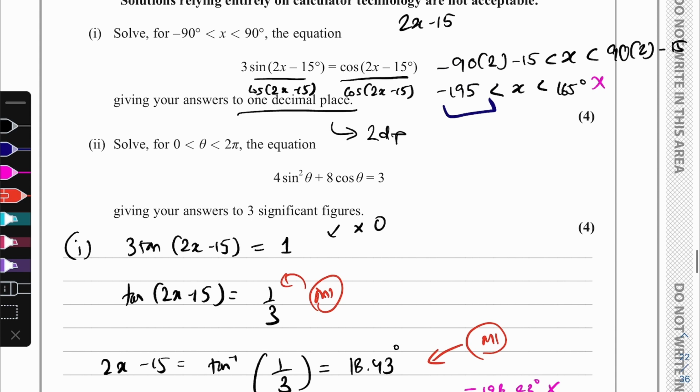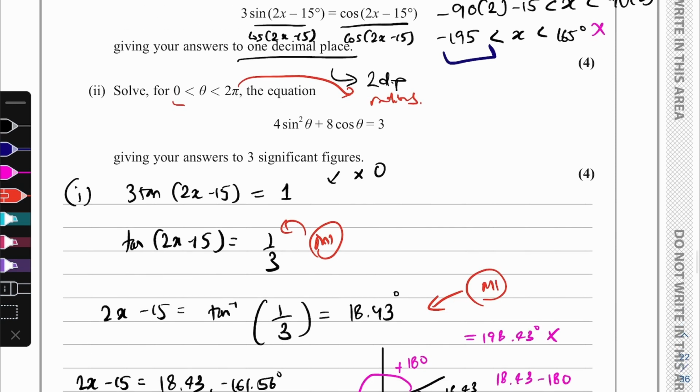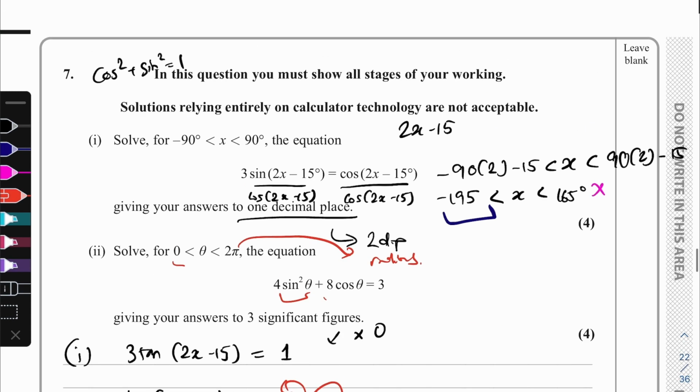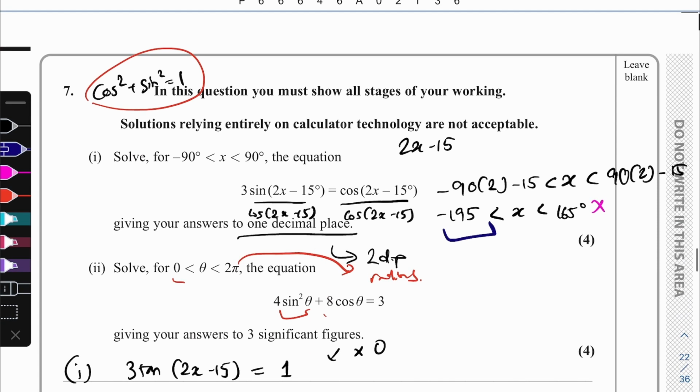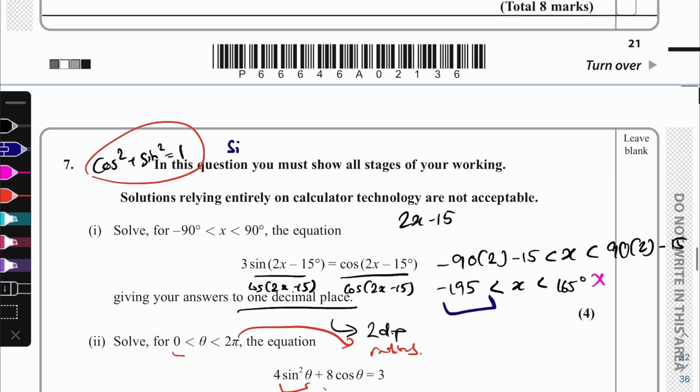Next part says solve for theta, so this is in radian mode, it's in 2 pi. So make sure your calculator is in radians. So we have 4 sine squared theta plus 8 cos theta. Now we use this equation, and because we want to get rid of the sine squared, sine squared theta equals 1 minus cos squared theta.